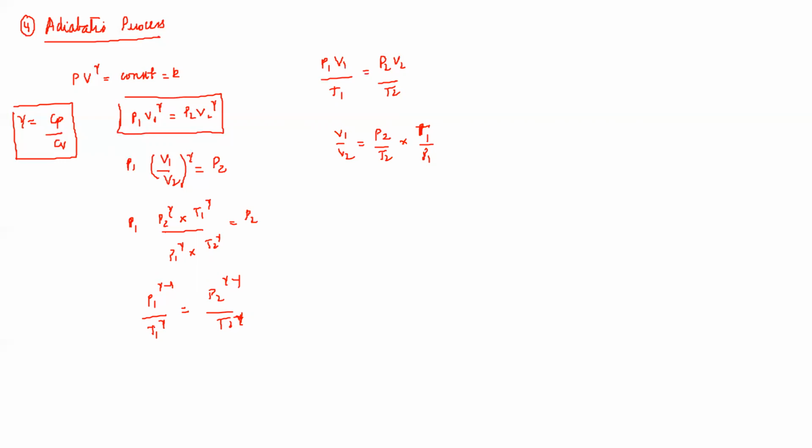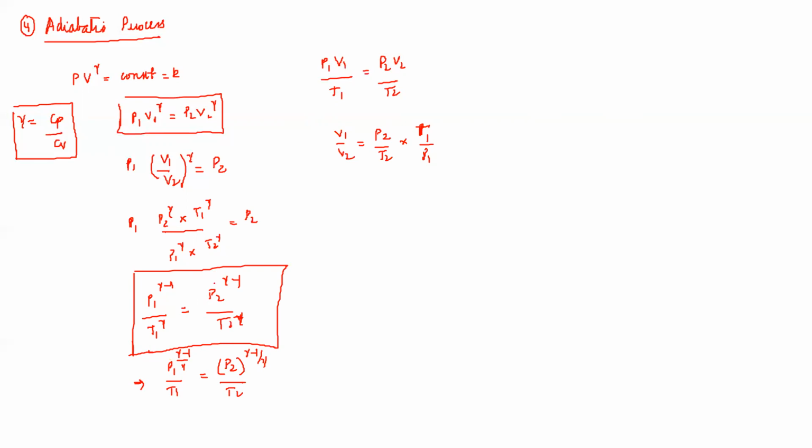If I simplify this a bit more, you'll get P1 to the power (gamma minus 1) by gamma, whole by T1, is equal to P2 to the power (gamma minus 1) by gamma upon T2. So both these equations you can keep in mind. This one is slightly easier to remember, while this is a bit simplified version of it as well.